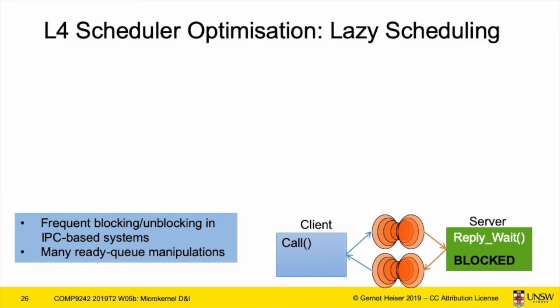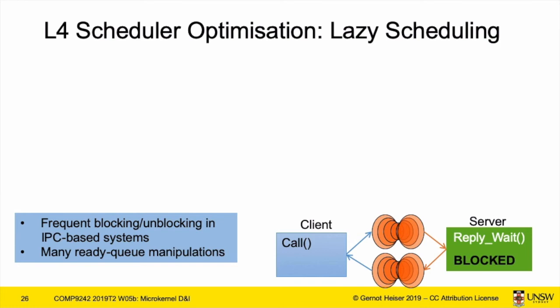So that's a lot of queue manipulations and all these cost. And of course, as soon as you've done it, you undo it, right? You block the client, put it in a waiting queue, and then the server executes for a few milliseconds, and then you get back and unblock the client again. So in a tight loop, you do a lot of inserting and dequeuing of the same threads over and over again.